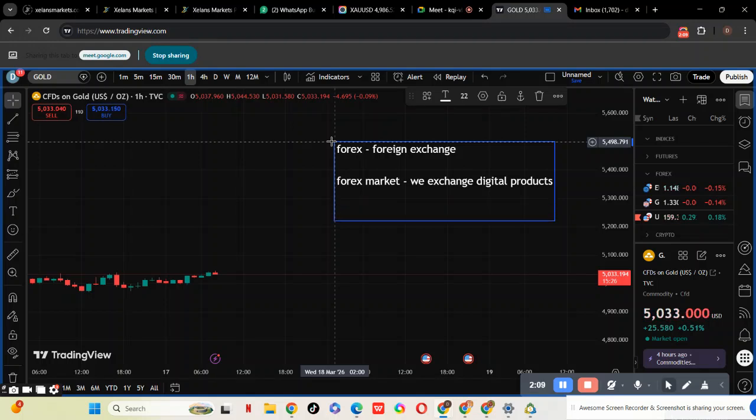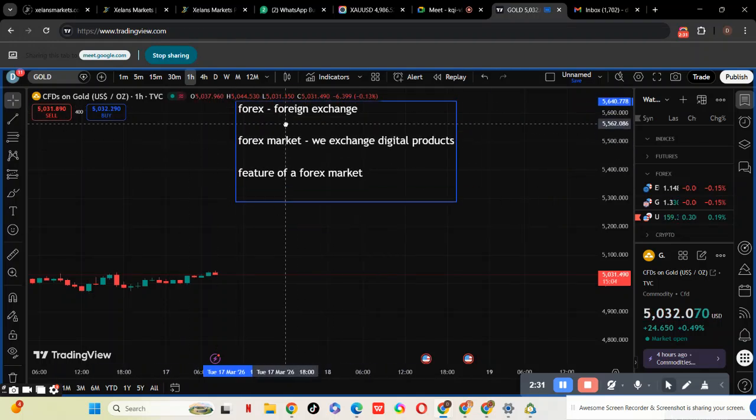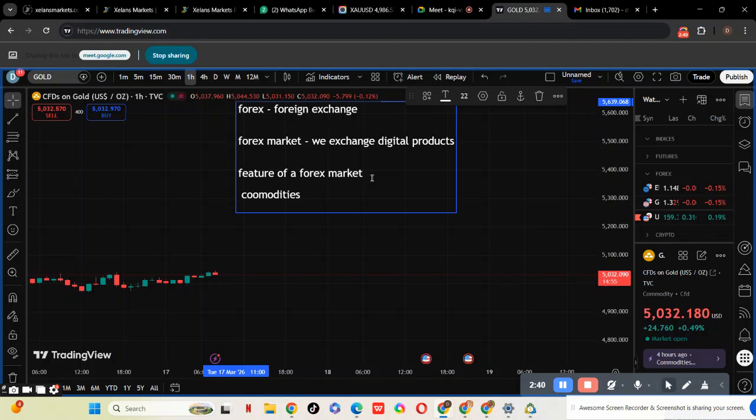These are some of the features that make this to be called a forex market. We have the commodities. These are the items we go to exchange.